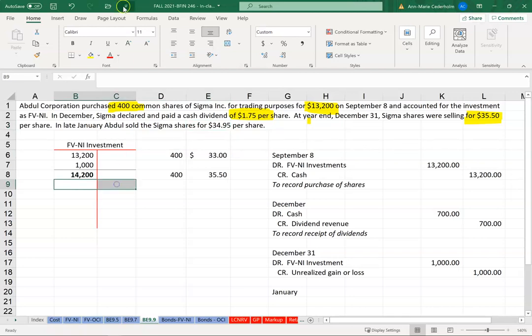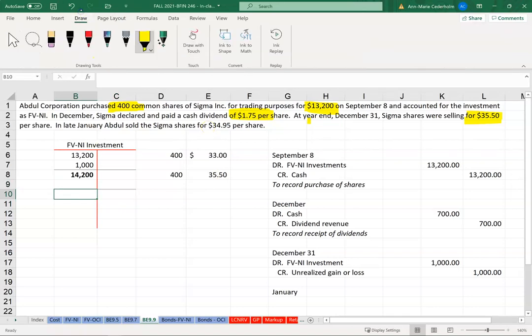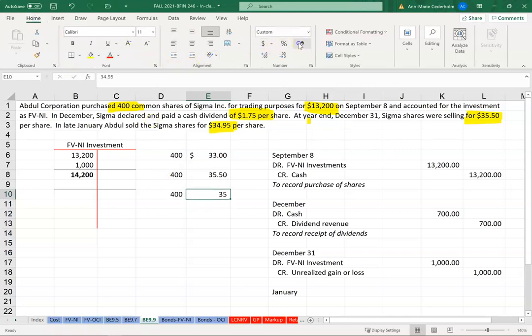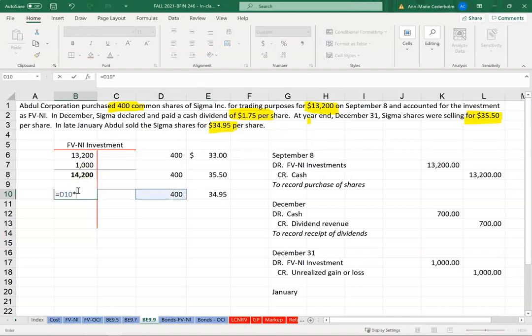I'm first going to bump up, so I'm just going to revalue this share. If I'm selling them for $34.95, see here, 400 times $34.95.